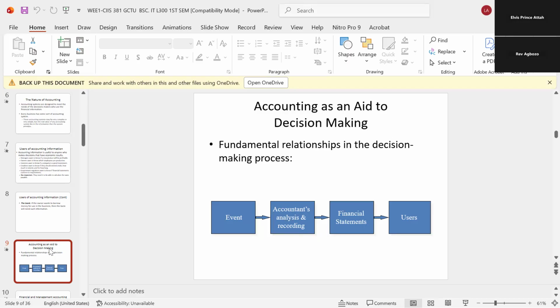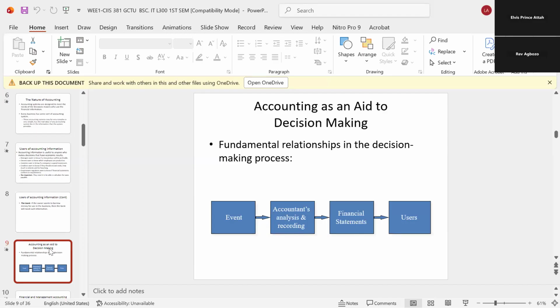And that statement of financial performance tells you whether a company is making profit or loss. After that, we also have statement of financial position, which is basically called balance sheet.